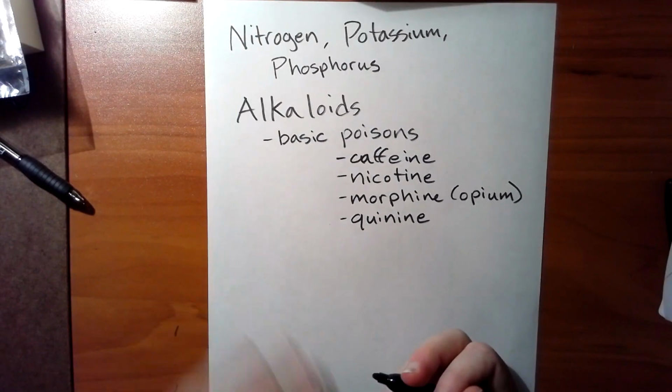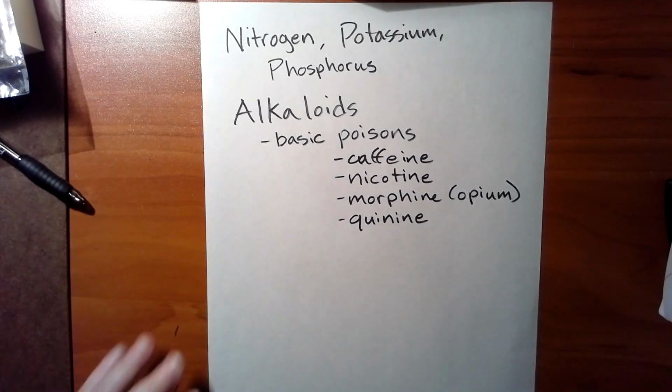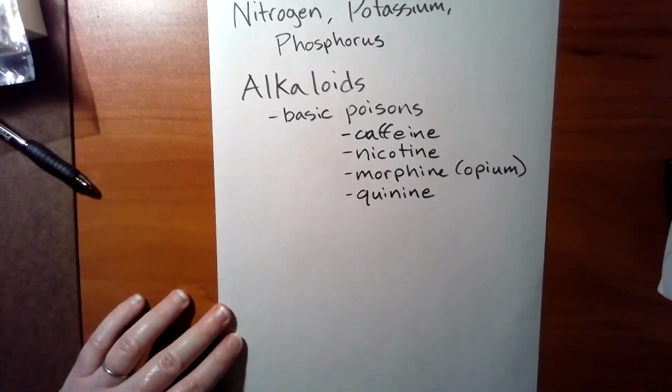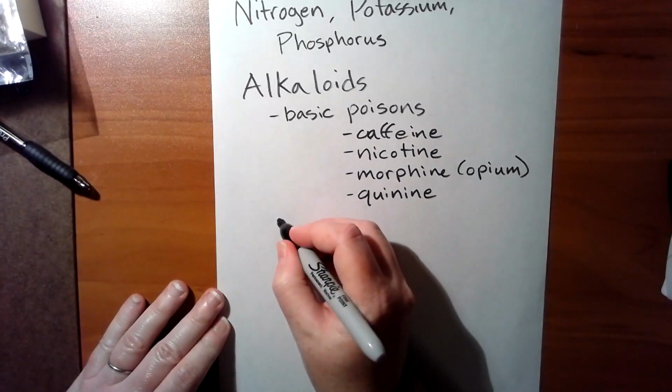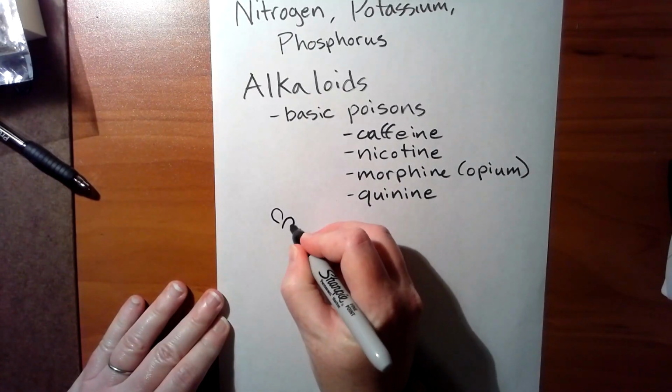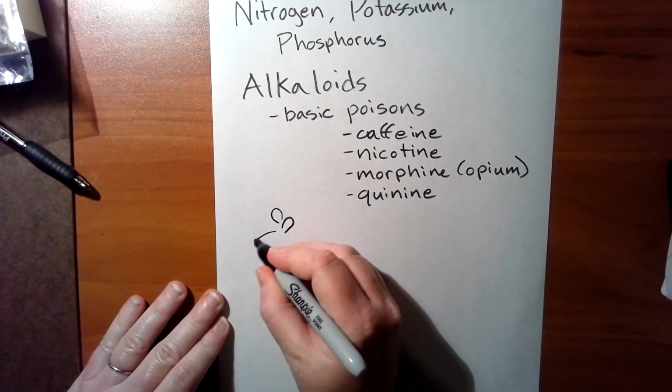Alright, we also have plants that are considered deadly, or harmful because of where they come from. So let's take this one. We're going to start with 2 buds at the top. And they're going to droop.